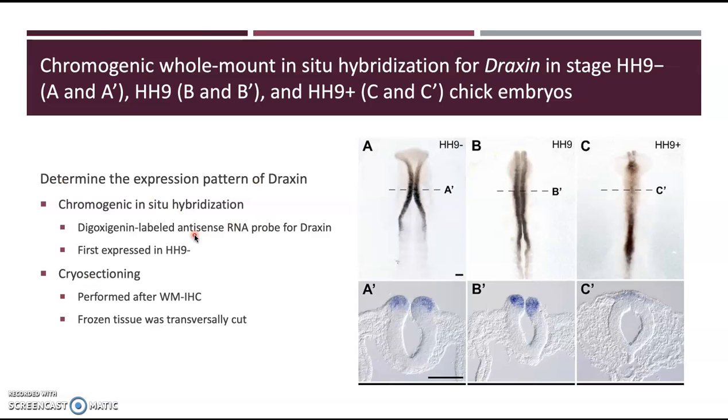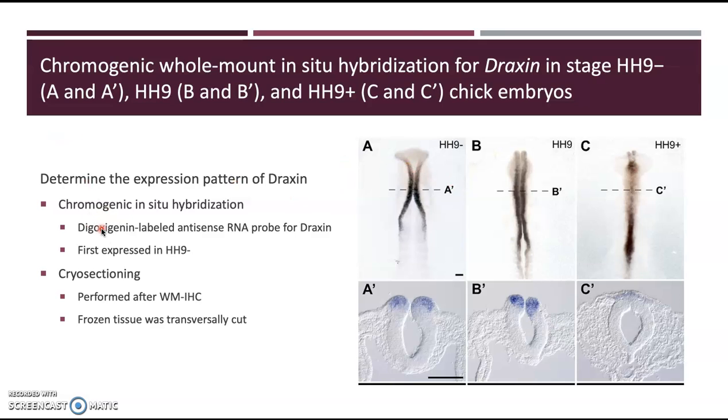And beginning here, we look at these chromogenic in situ hybridization experiments, where the goal was to determine the expression pattern of Draxin. And so that's the general expression pattern of Draxin and where it's expressed and what part of the neuronal tube and how long is it there, those sort of things.